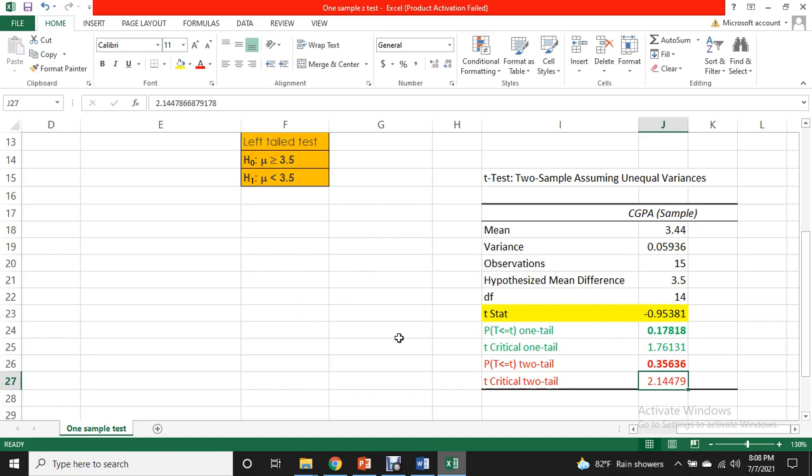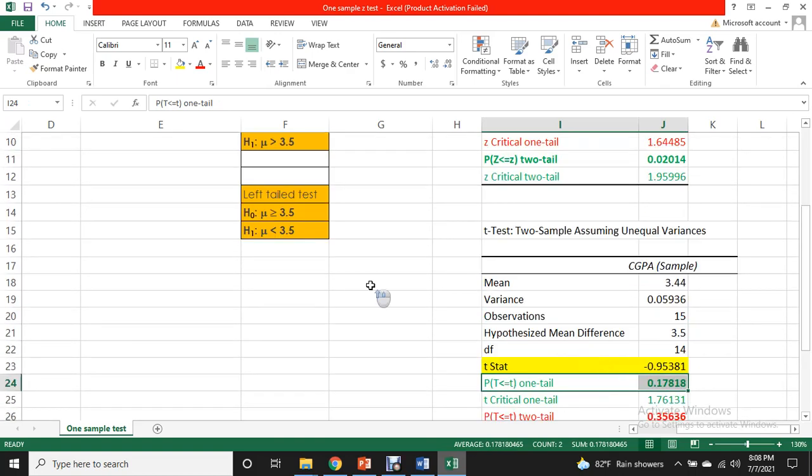If we draw the curve and mark this critical value here, your t value will be in the do not reject area. This is the same interpretation in the one-tailed test. If you decide based on the p-value, it is sufficient.